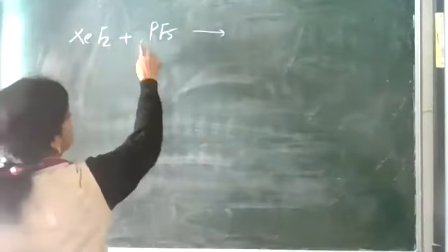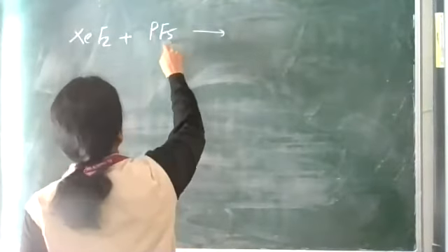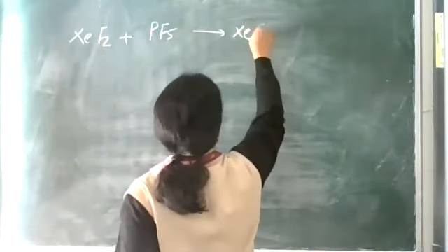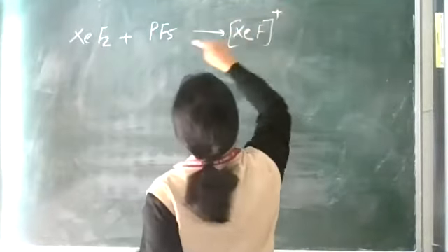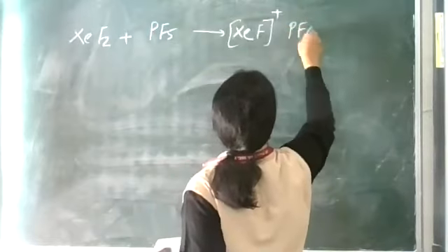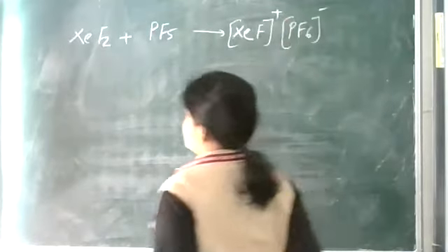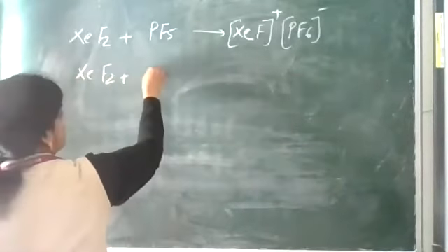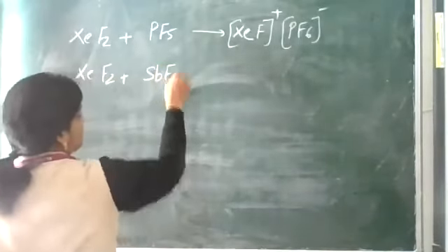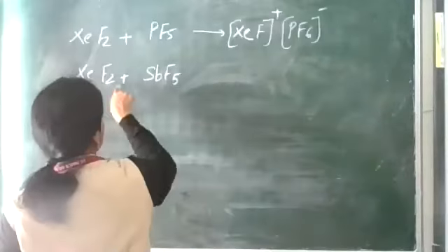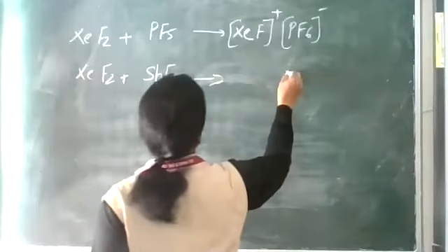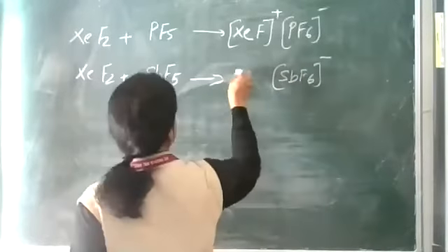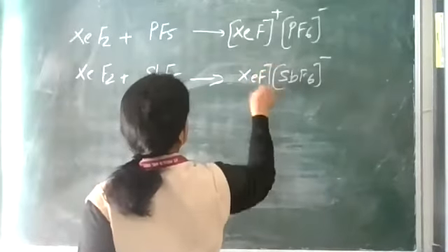One F will be taken here and this will become minus, so we get XeF plus and PF6 minus in the solid form. Similar is the case with SbF5, where one F will be going along with this, so here SbF6 minus and XeF plus.